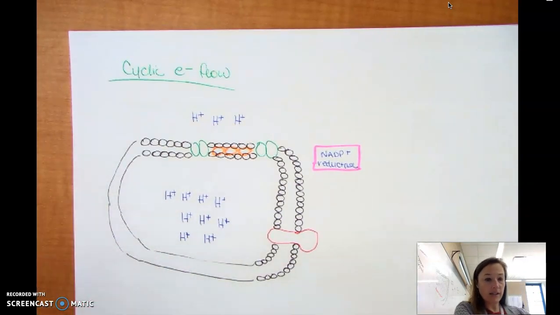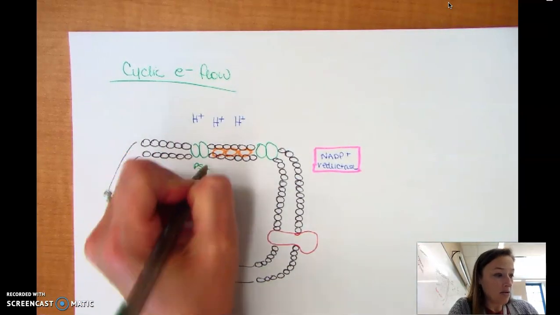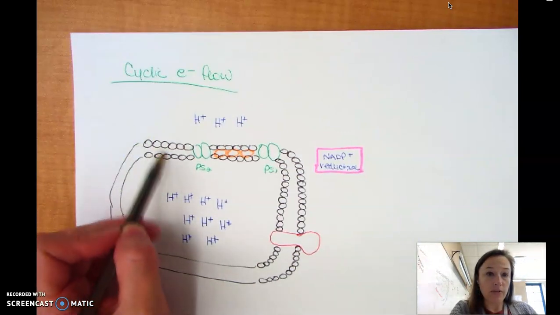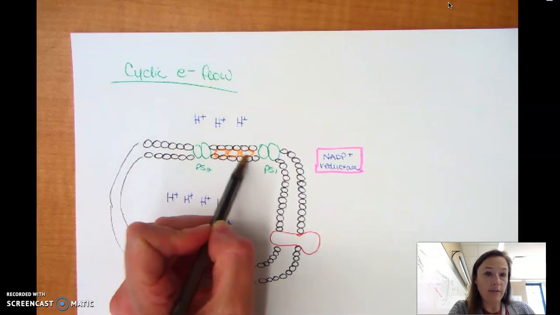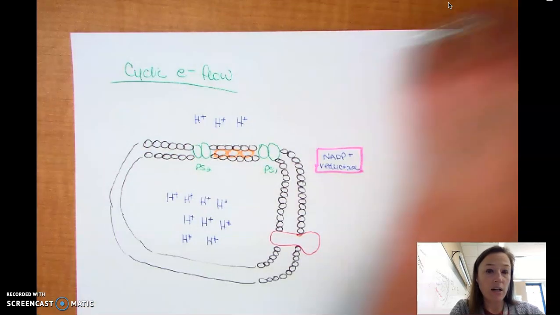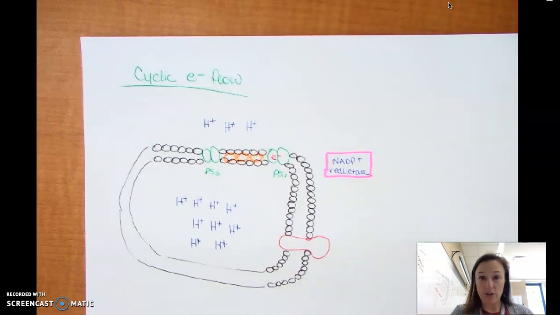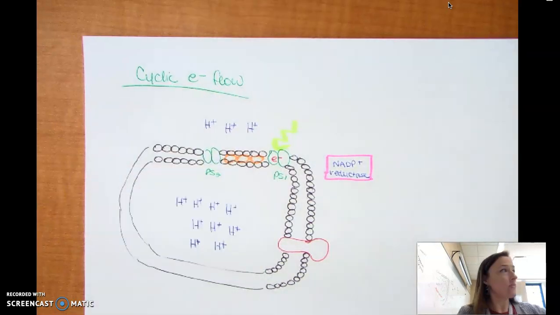So I've drawn kind of a very simple thylakoid membrane. Here's photosystem 2, photosystem 1. If we had water, it would be split over here, and it would be providing electrons to photosystem 2. They would be traveling down this electron transport chain and coming to photosystem 1, where they would be really tired. They would get re-energized with some sunlight. Okay, let me zoom in a little bit.